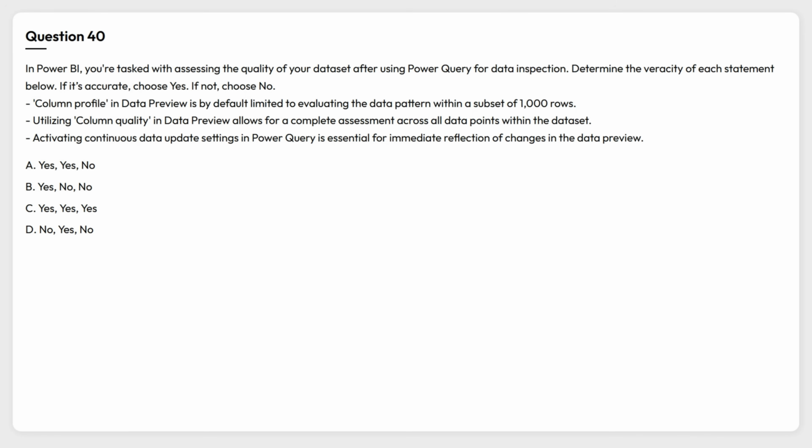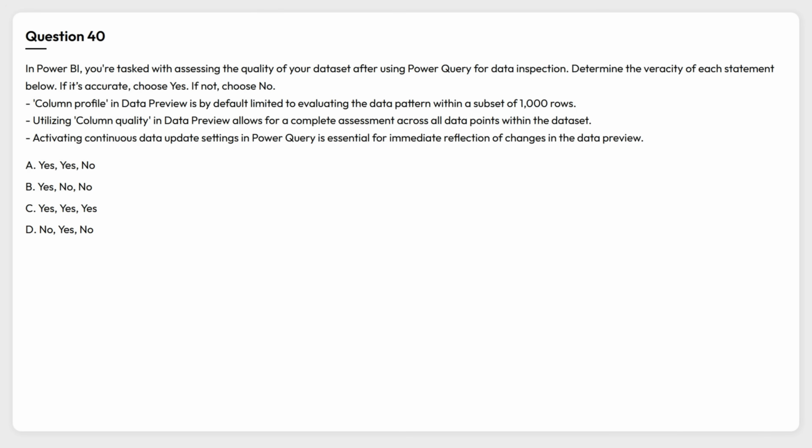Question number 40. In Power BI, you are tasked with assessing the quality of your dataset after using Power Query for data inspection. Determine the veracity of each statement below. If it's accurate, choose yes.